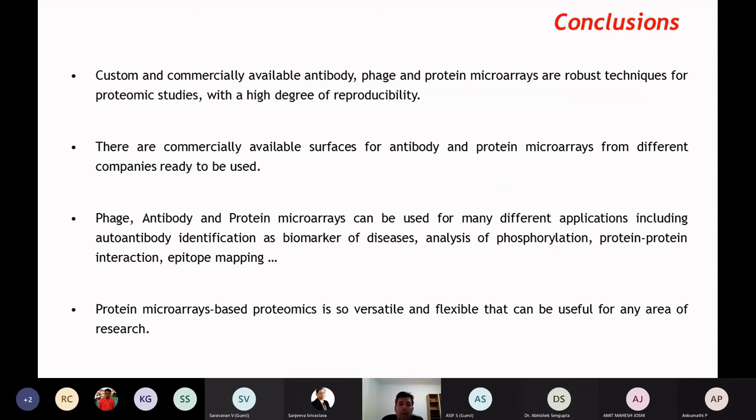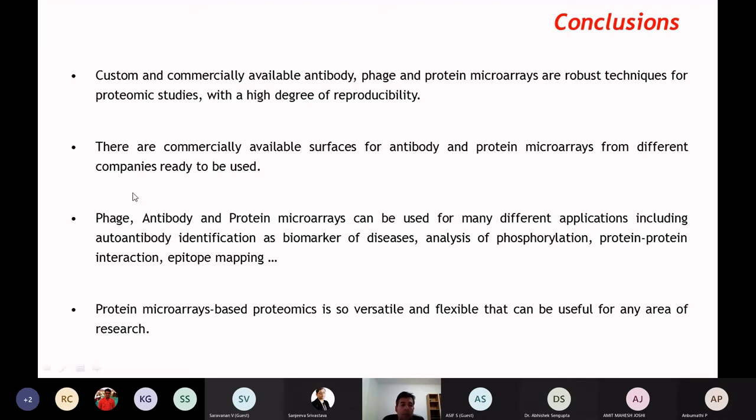Actually, there are commercially available surfaces for antibody and protein microarrays from different companies ready to be used. However, they are really expensive, and custom protein microarrays offer the same reproducibility as those commercial ones, and they are a cheaper alternative for proteomic studies.